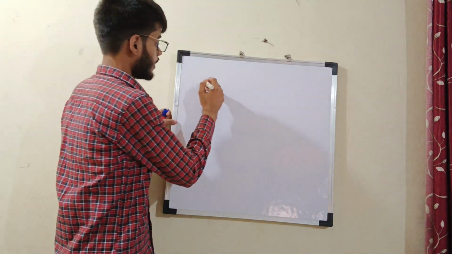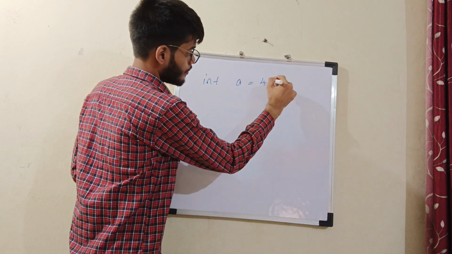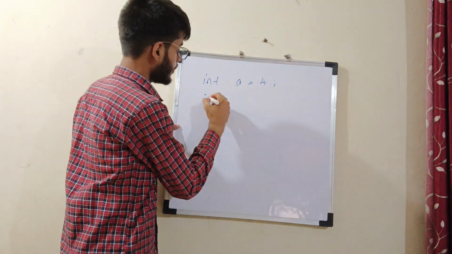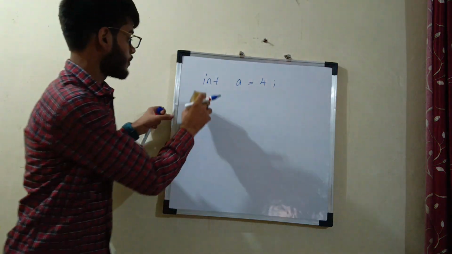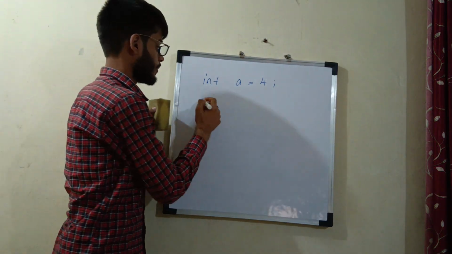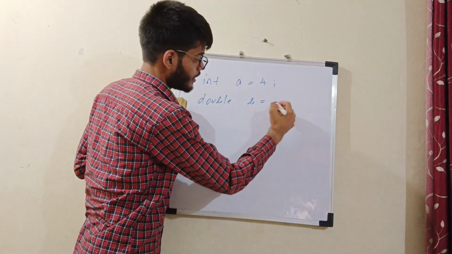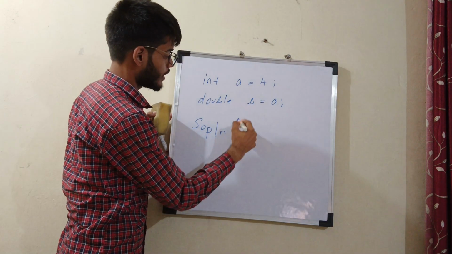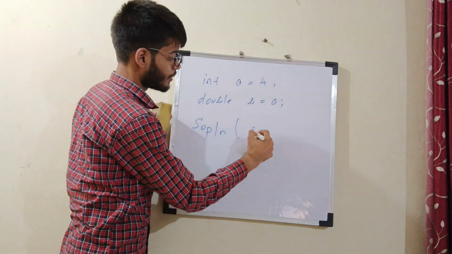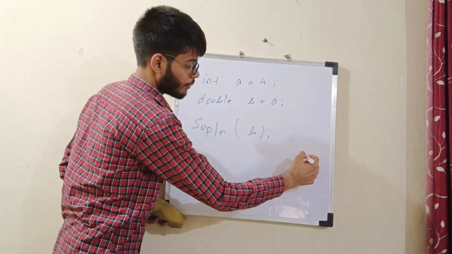If I say int a equals 4, and then double b equals a, and then sopln, which basically means System.out.println, of b. What will be the output of this? As we know, the output will be 4.0.